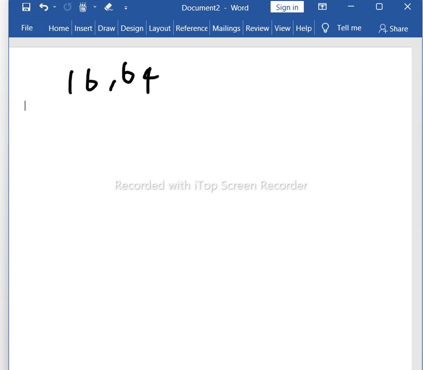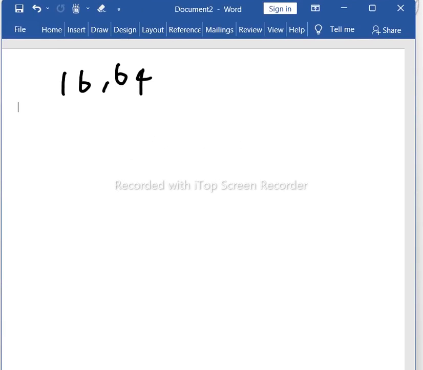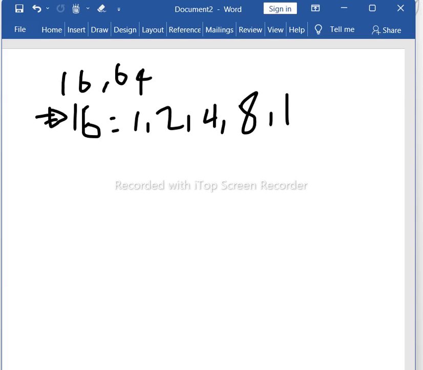To find the greatest common factor of these numbers, we can simply find the factors. This is not the simple way, and I will show you after this how we can find the greatest common factor in an easy way. The factors of 16 are 1, 2, 4, 8 and 16.